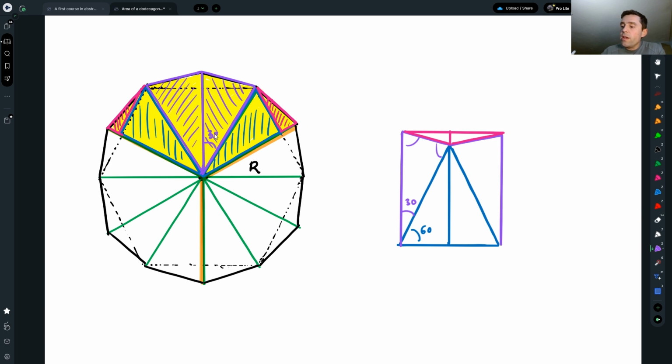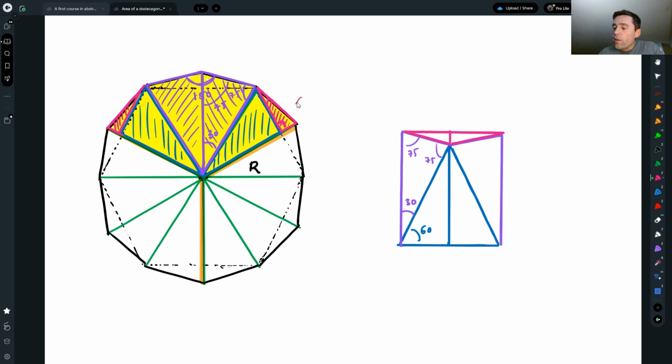This is 30. But this angle over here in a dodecagon is 150. So therefore, one of them is 75 and the other one is 75 as well. So this is 75 and 75. What about the little pink triangles? This is 90 over here.